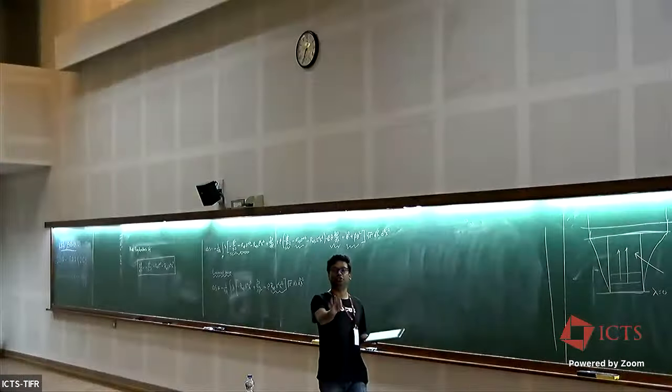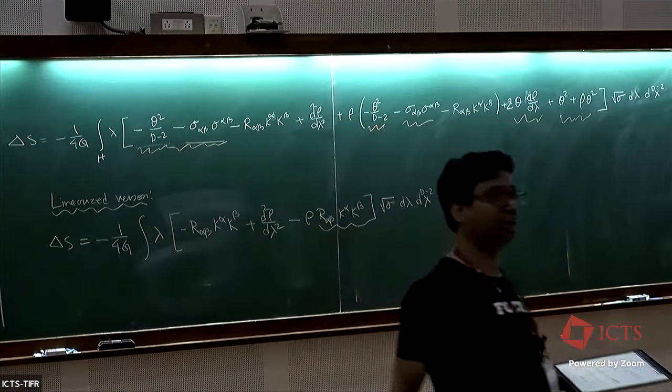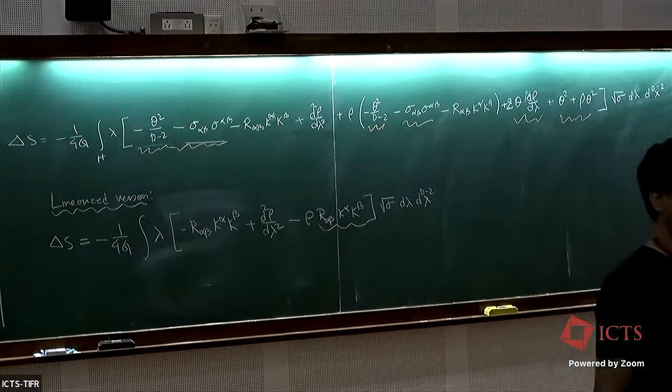Still, I have not used the equation of motion. It is still a geometric object. Let's use the equation of motion. The equation of motion is G alpha beta plus H alpha beta equal to 8 pi G T alpha beta. If I contract with K alpha K beta, this will become R alpha beta K alpha K beta.